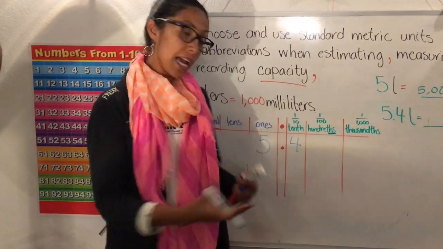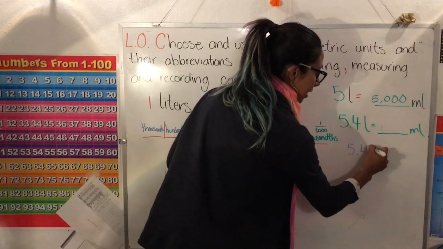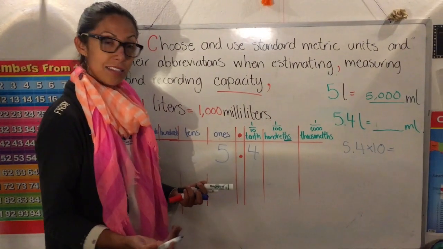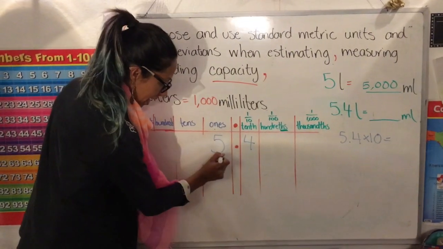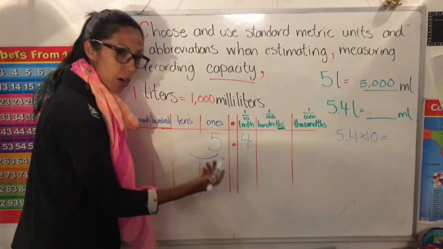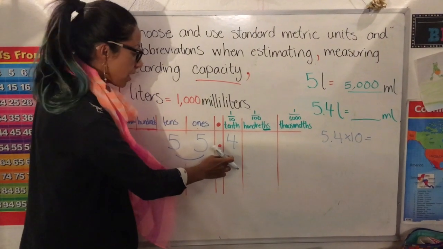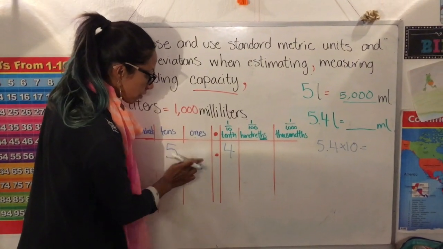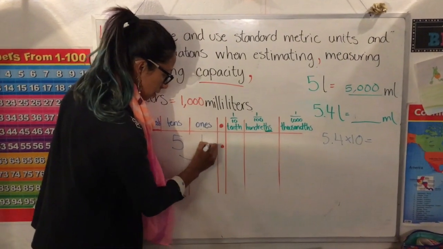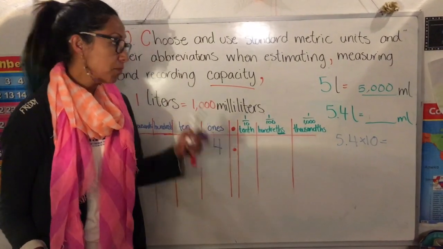If you multiply this number 5.4 by 10, what happens? Well, again, the 5 ones becomes 5 tens. The 4 tenths becomes 4 ones. Therefore, we don't need that decimal point, but that's just 5.4 times 10.